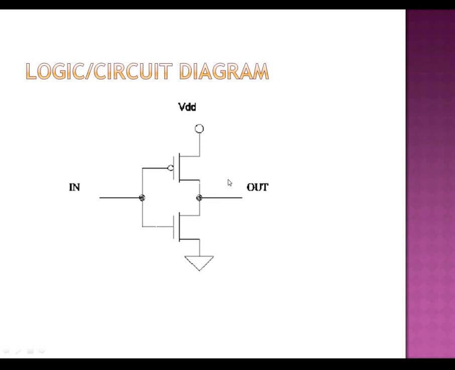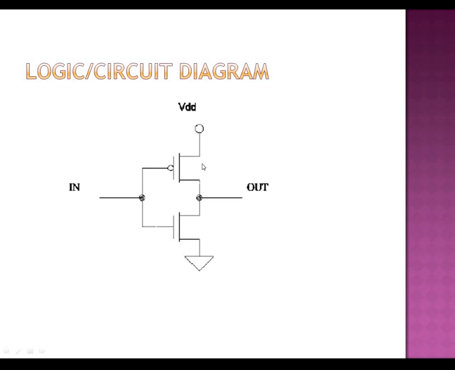The operation of this you all might be knowing: when we give the input as logic 0, since it works as an inverter, the P channel MOSFET will switch on and act as a closed switch, and the N channel MOSFET acts as an open switch, so there is no connection towards the ground.